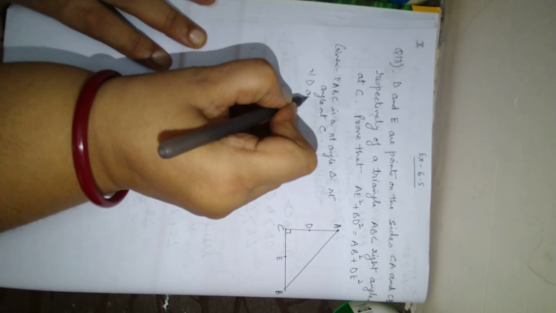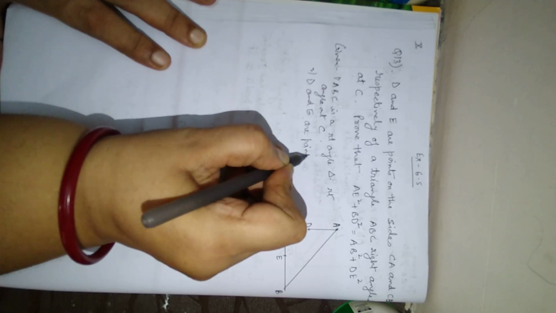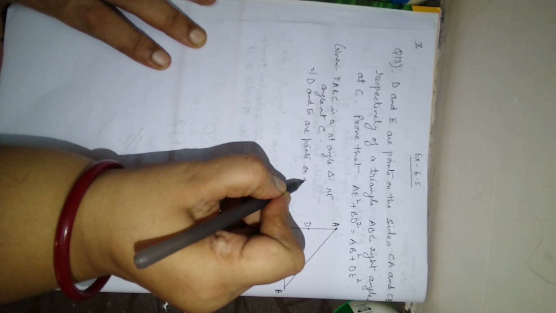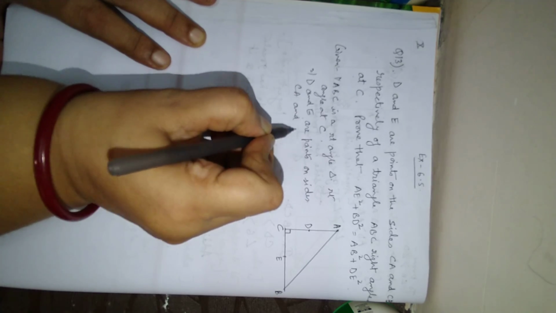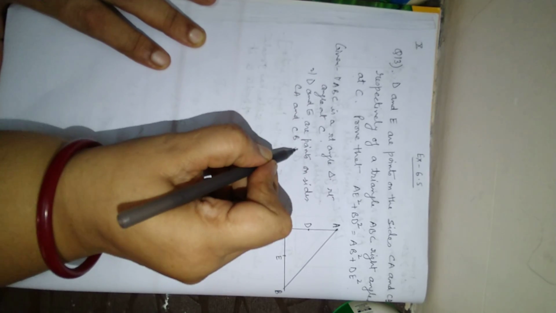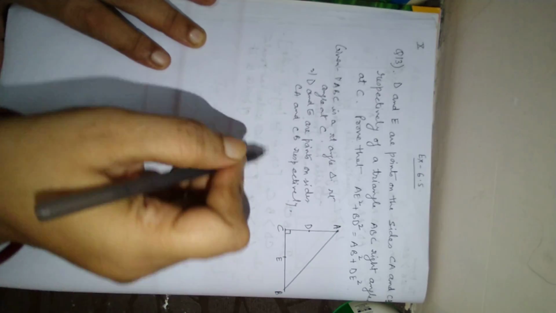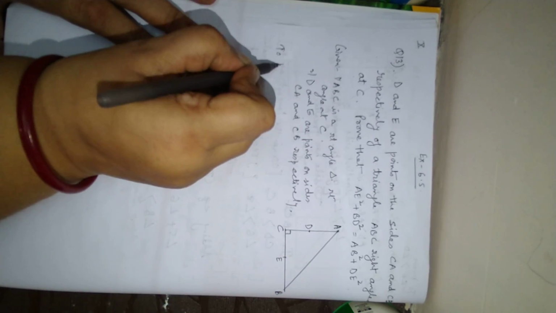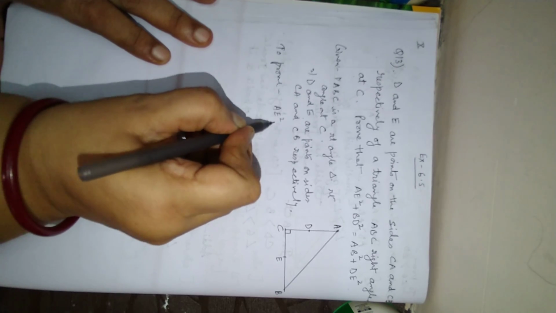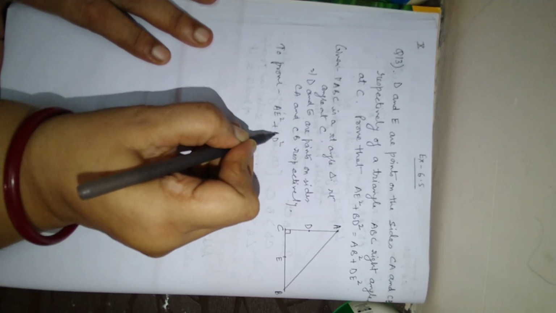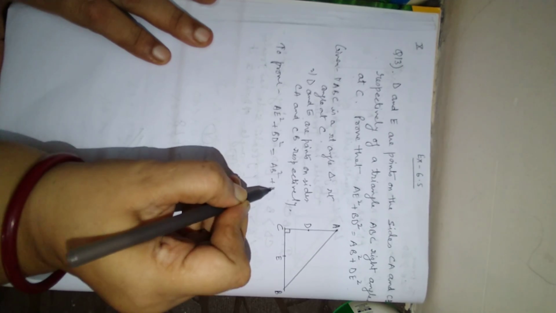Second, D and E are points on sides CA and CB respectively. To prove is AE square plus BD square, that is equals to AB square plus DE square.